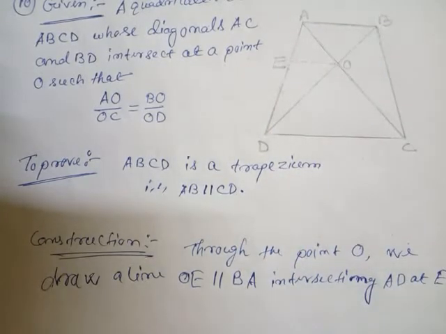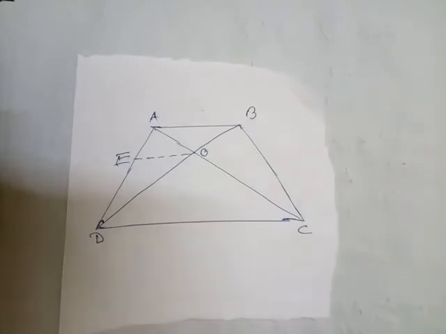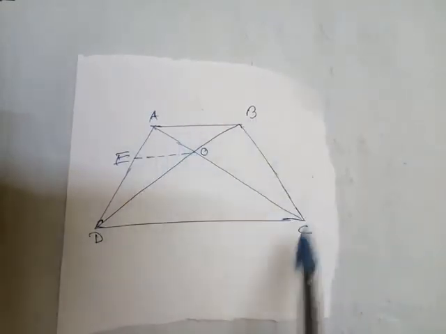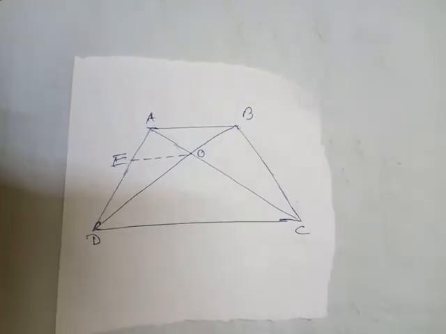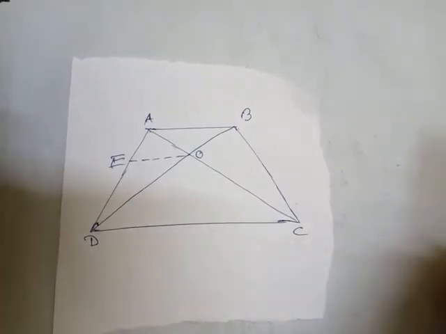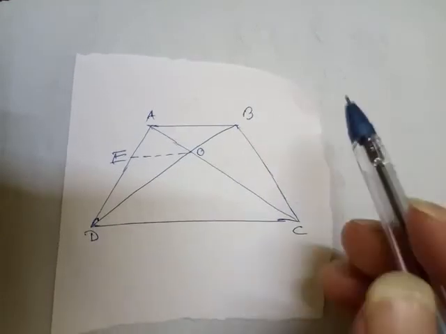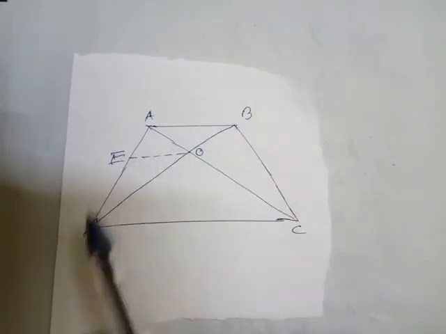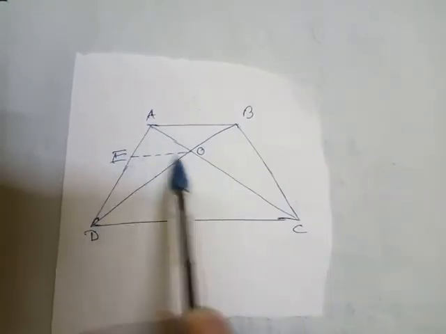Now look, after that we'll go for the proof. Look students, this is the diagram. As you can see in the video, ABCD is a quadrilateral and OE parallel to AB. So here we can write that in triangle DBA, OE parallel to AB.